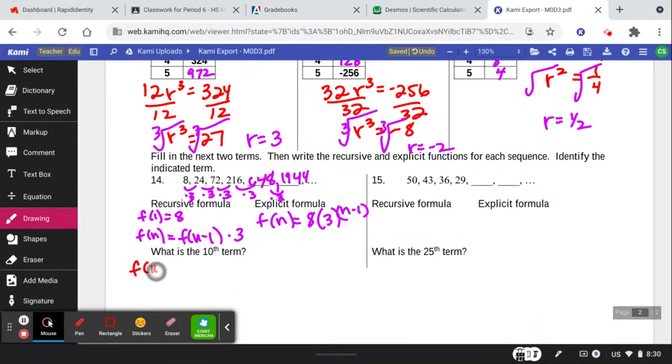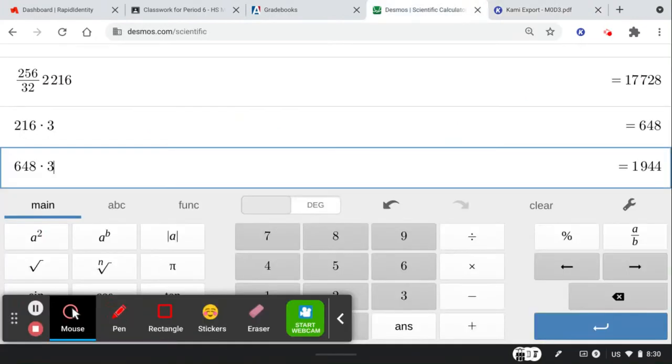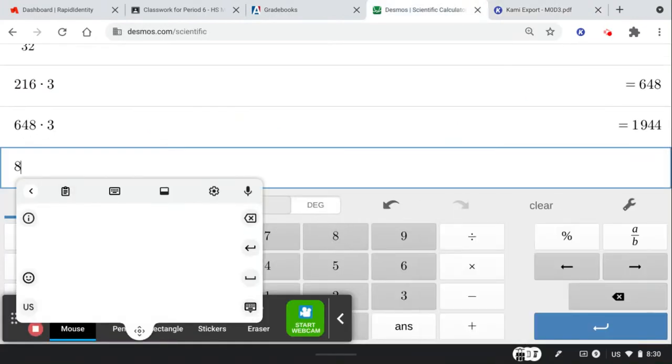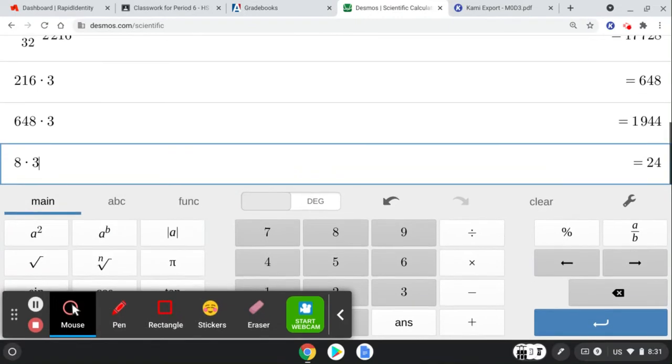So they want f of 10 plugged in to the power of 10 minus 1, or to the power of 9. So we get 157,464.